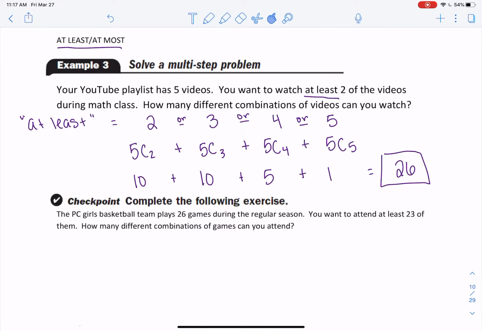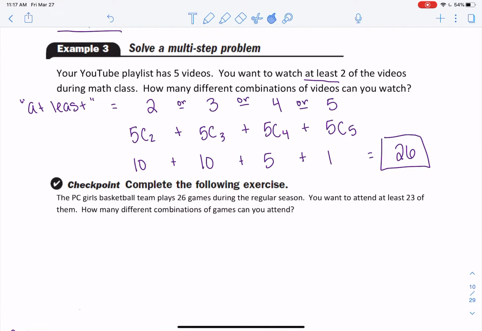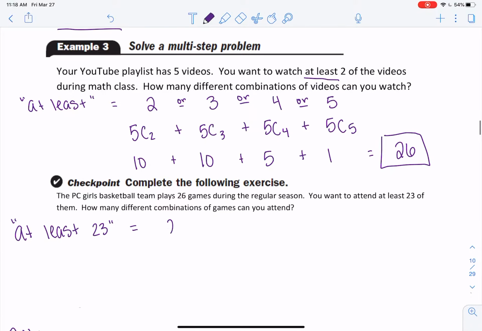All right. And last one, the PC girls basketball team plays 26 games during the regular season. You want to attend at least 23 of them. How many different combinations of games can you attend? Okay, so let's think about at least 23. So that means you could go to 23 games, or you could go to 24 games, or 25, or you could go to all 26 games. Super fans, okay?